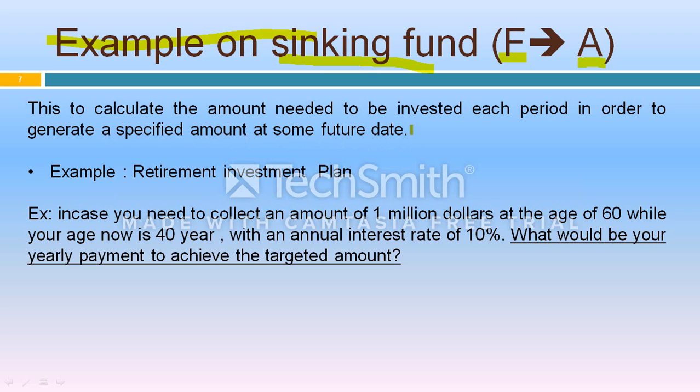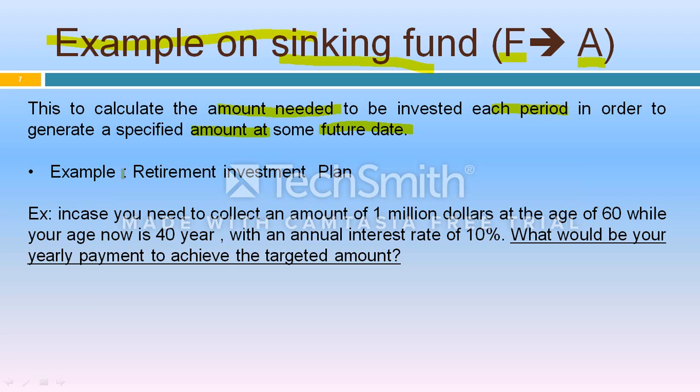So we have the future date, and we have the amount which should be generated, and we need to calculate the amount needed to be invested at the end of each period. So the amount needed to be invested at the end of each period is A. So we're trying to find A.